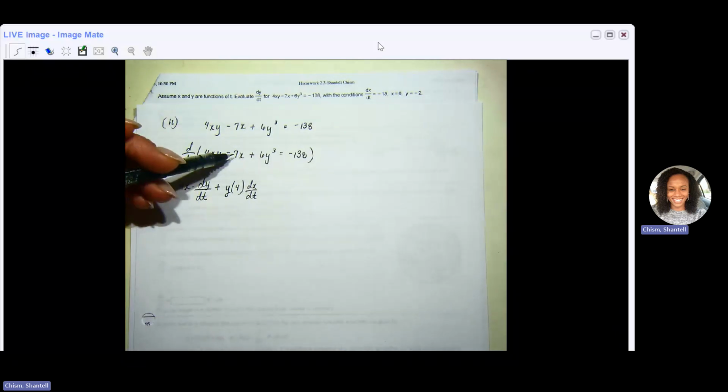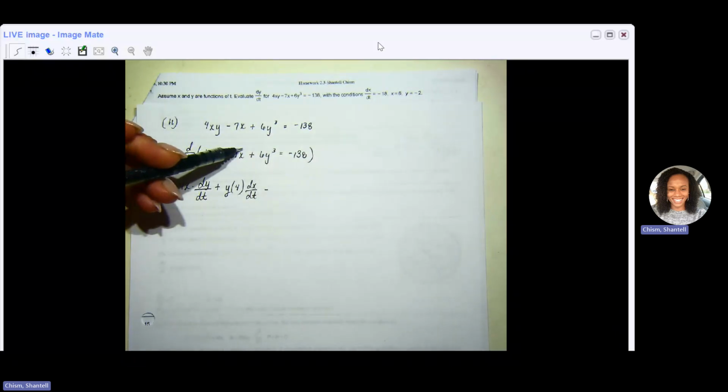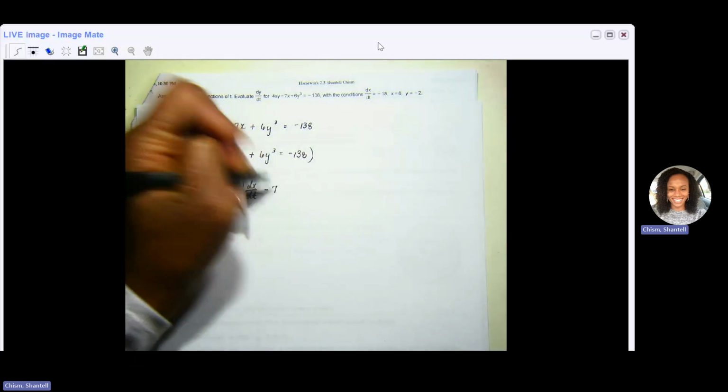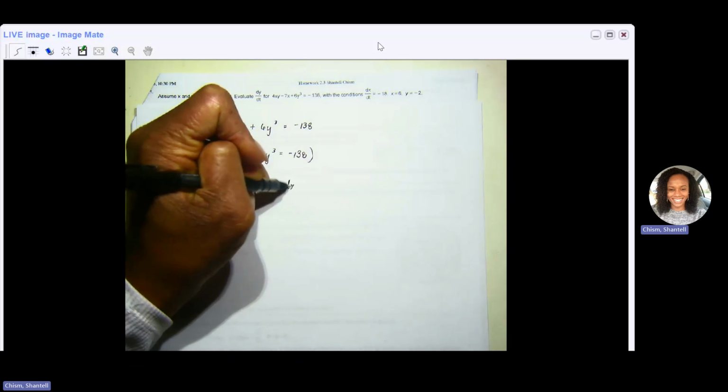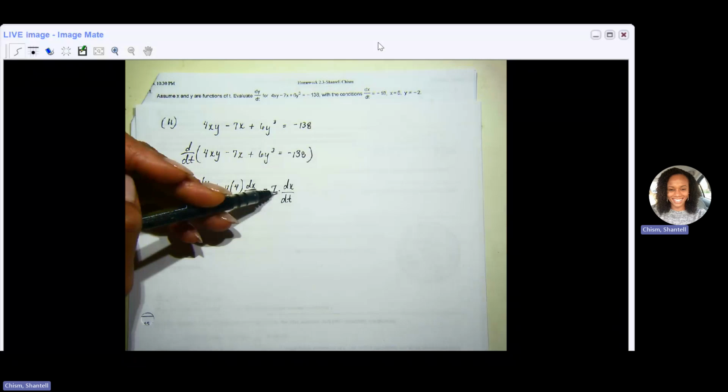Then the next term, we've got a negative 7x. I'm going to go ahead and put the minus there because that won't change. The derivative of 7x is 7, and then times the derivative of the inside, which is dx over dt. So it's as if you apply the power rule to the outer part, or you take the derivative of this linear term, and that's how you just end up with a constant.